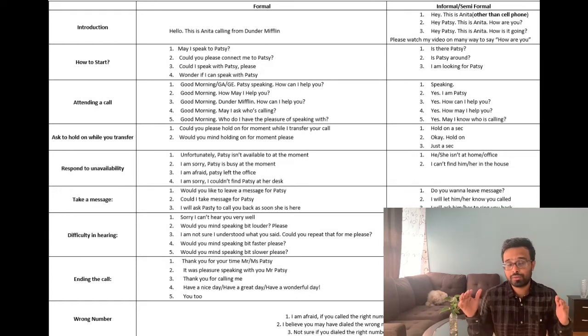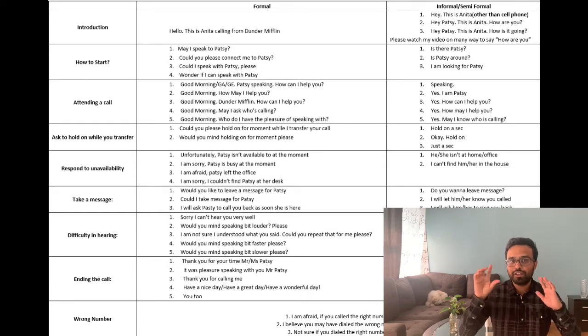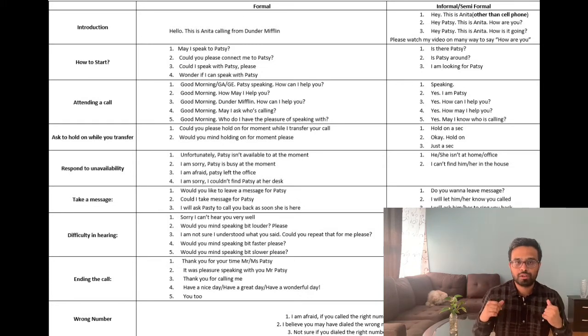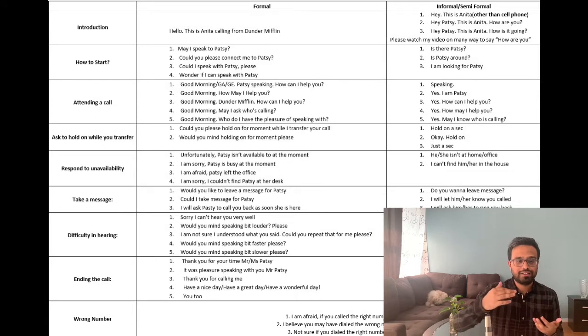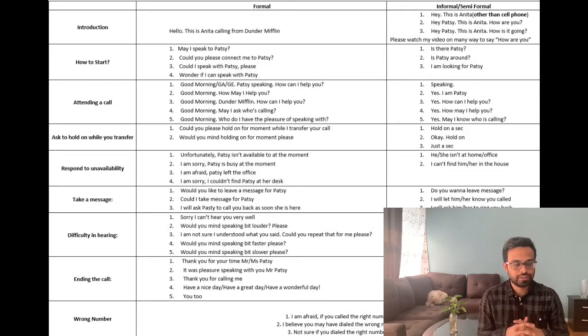This is formal, remember, a conversation that mostly deals with business. So Dunder Mifflin is the company name. Always mention the company name when you make a formal conversation. You can replace Anita with your name, of course, and Dunder Mifflin with the company that you're calling from. These are just some examples in order to make it easy for you to understand.